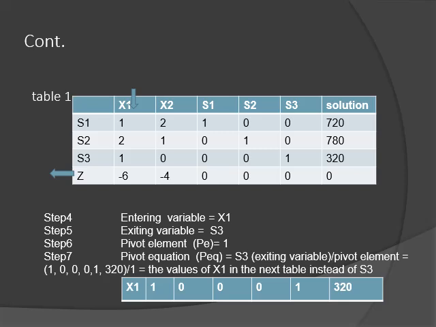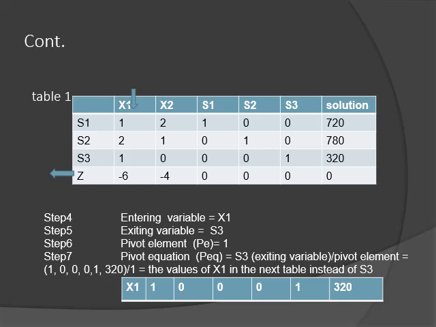Now S3 is considered as exiting variable. The pivot element is the intersection point between the row of exiting variable and the column of entering variable, which is 1.